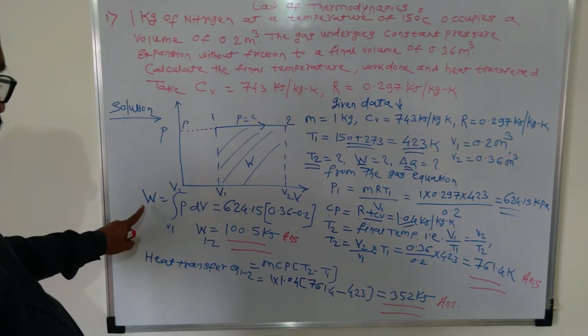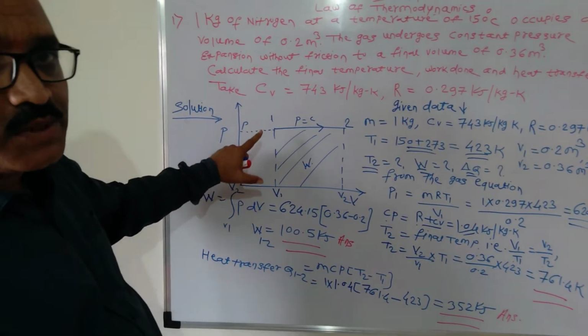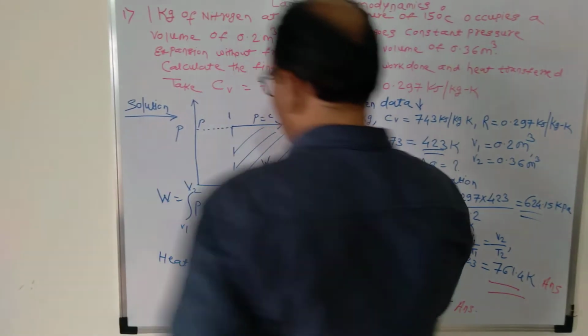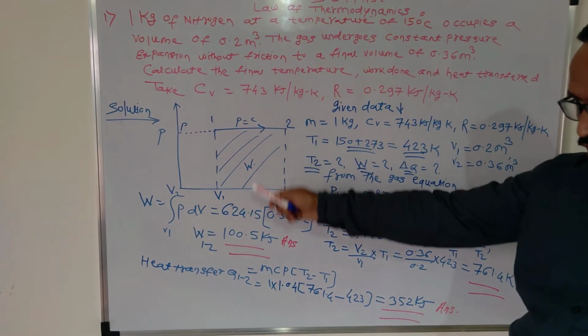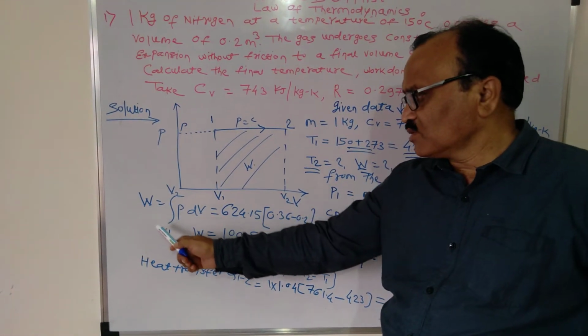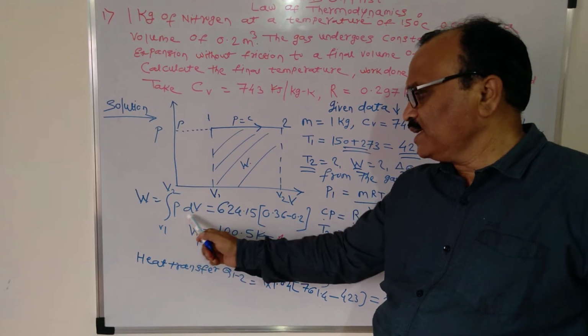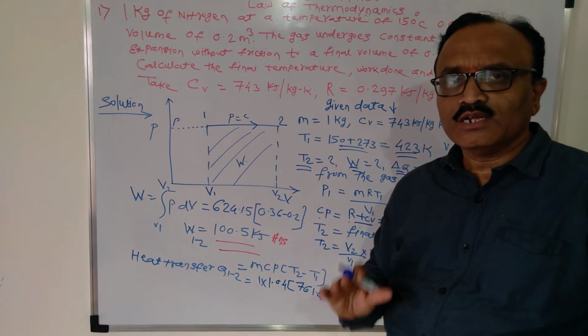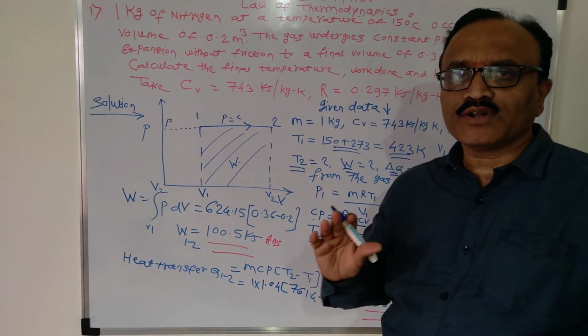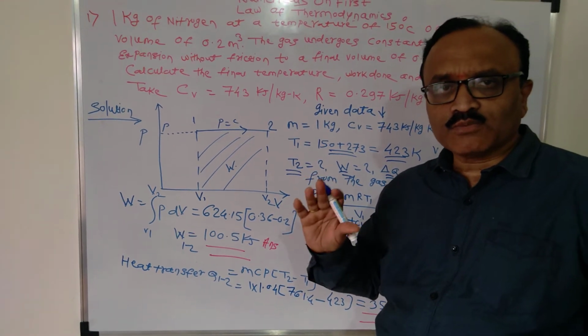Now work done in a constant pressure process is given by this equation: W is equal to the integral of P dV. This is the formula to calculate the work done for a constant pressure process.